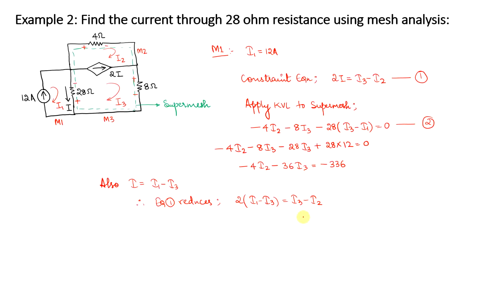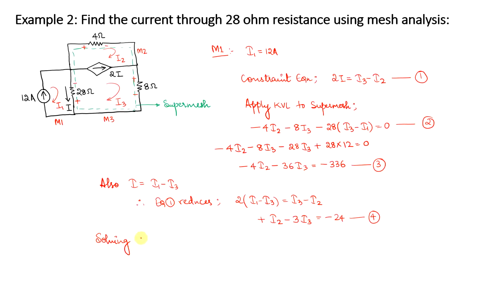This equation can be reduced to, bringing the common terms to one side, plus I2, minus 2 times I3, and this is again going to be minus, so this will be minus 3 times I3, equal to 2 into 12, that is plus 24. When I bring it to the right hand side, this is going to be minus 24. So you have the two equations after modifications. Let me name them: this is equation 3 and this will be your equation 4. So solve equations 3 and 4 and see what you get.